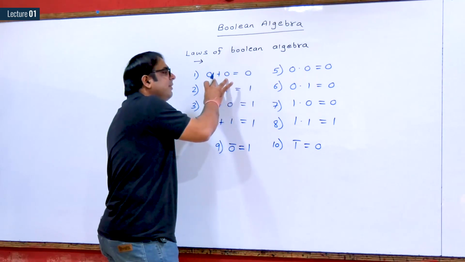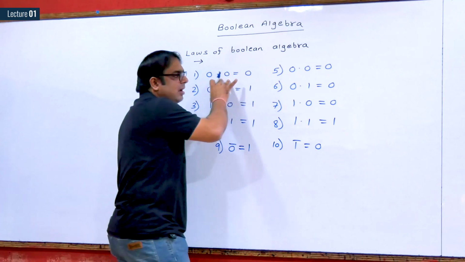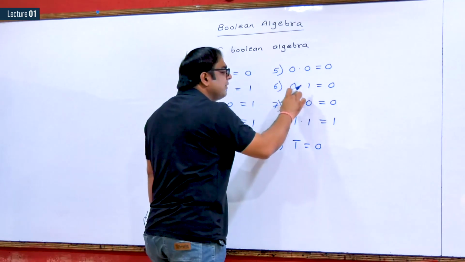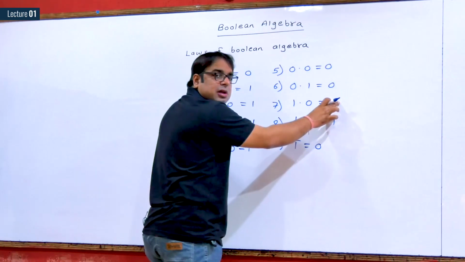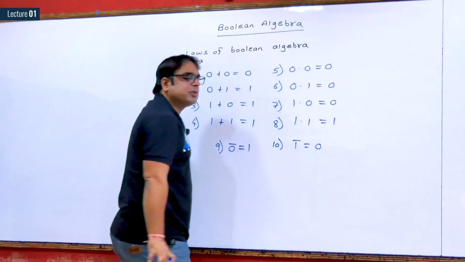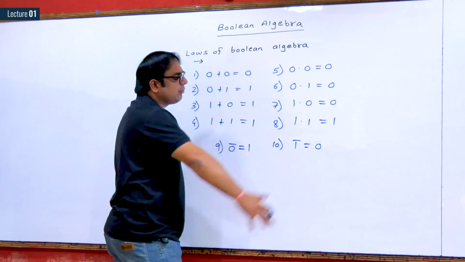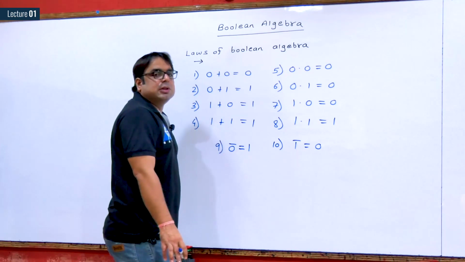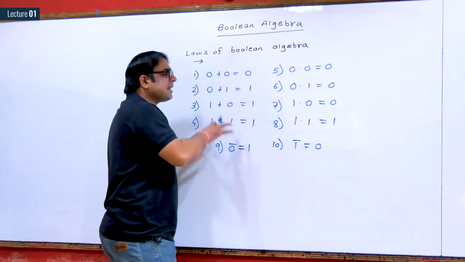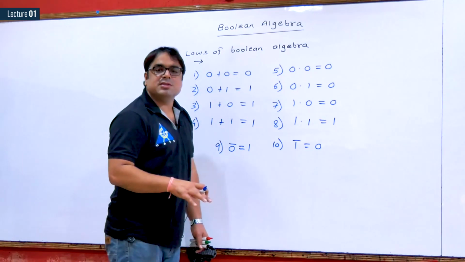Output is 0 only when all the inputs are 0. AND gate, when any of the inputs is 0, output will be 0. Output is 1 only when all the inputs are 1. And complement of 0 is 1 and complement of 1 is 0. That is the basic NOT laws. So these are the laws based on zeros and ones.